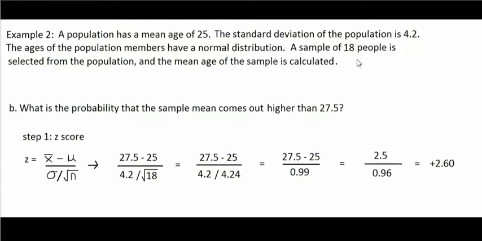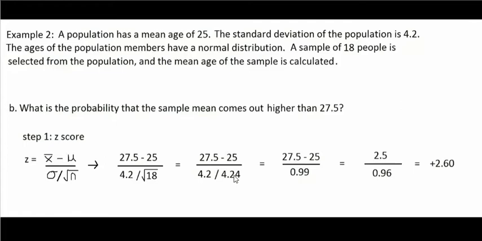And it's a sample of 18. n is 18. This all goes here. The population mean, standard deviation, sample size, they're all provided.